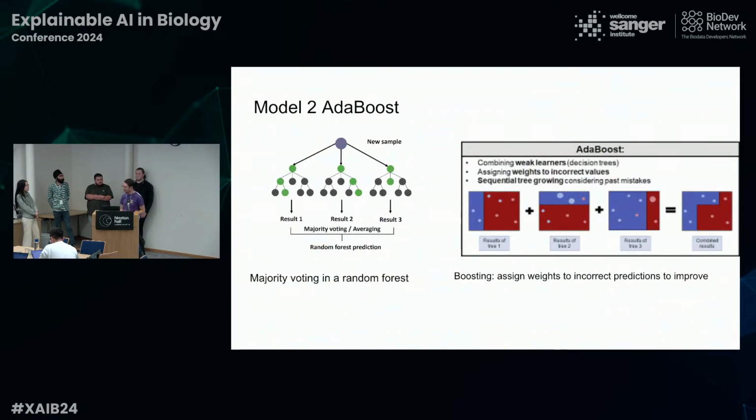The next one, I'm going to hand over to Yichen, talking about the second model we built. So basically, we split into several subgroups and then design different models to tackle this problem. The second model we tried is not a neural network, but a traditional machine learning method called AdaBoost. The concept is built on decision trees and random forest.